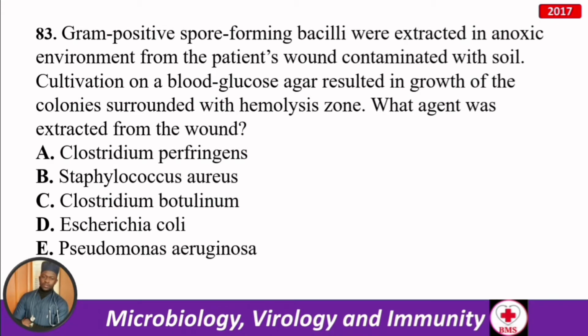Gram-positive spore-forming bacilli were extracted in an anoxic environment from the patient's wound contaminated with soil. Cultivation on a blood glucose agar resulted in growth of colonies surrounded with hemolysis zones.